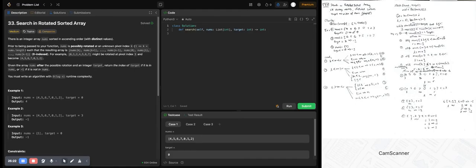So let's see which of these has been satisfied. So the target equals mid is satisfied by the first if.